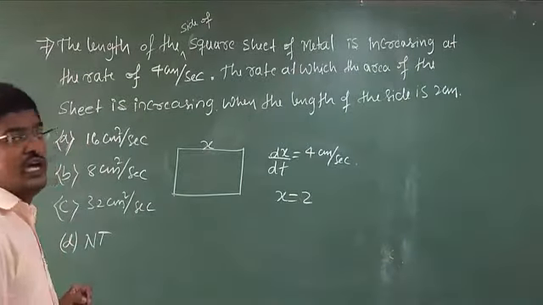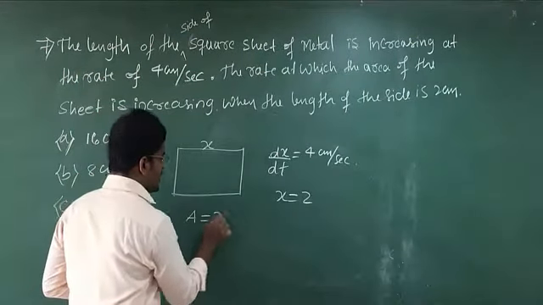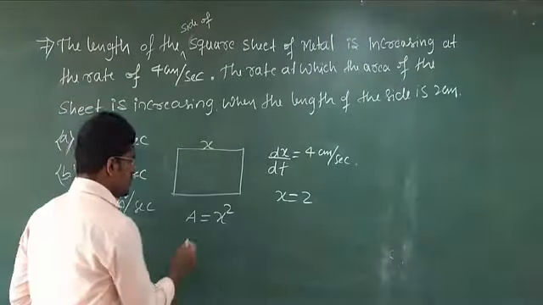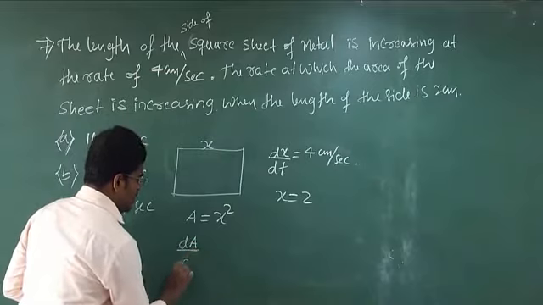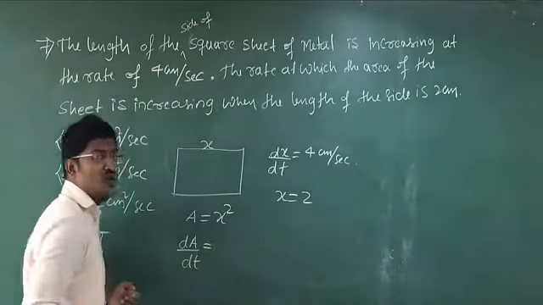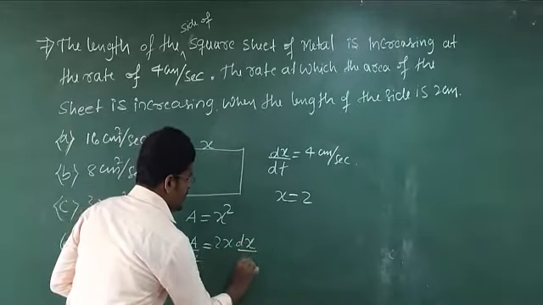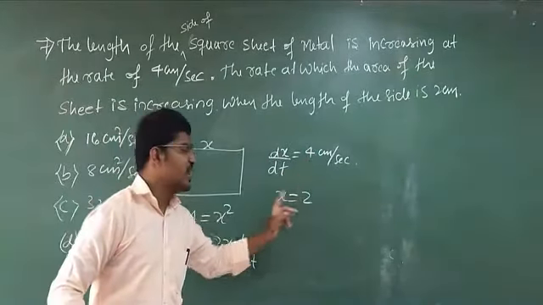That means you must know area formula of square, that is x square, side square, x square. Rate of change of this means dA by dt equal to 2x into dx by dt. See, dx by dt is given, x is given.